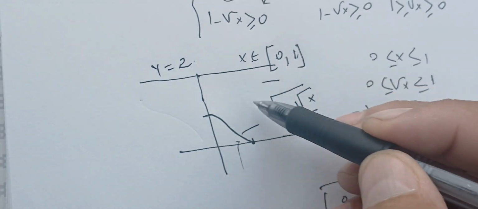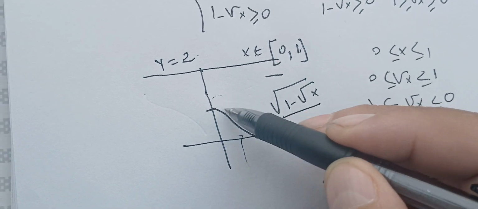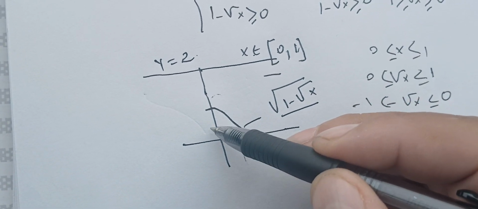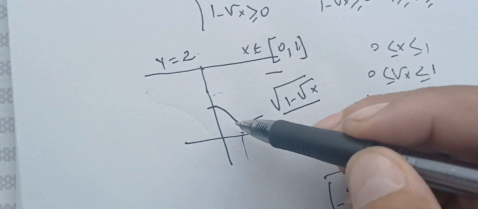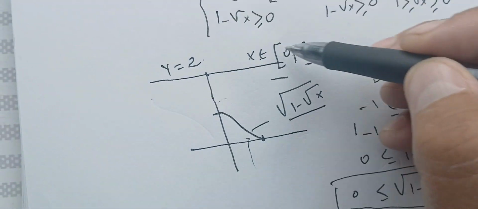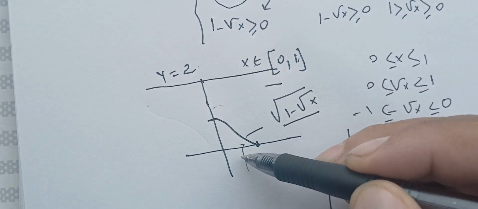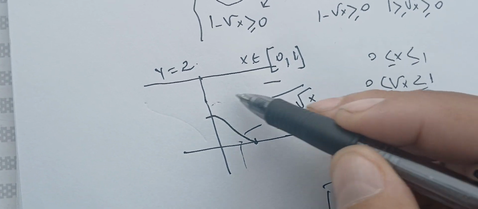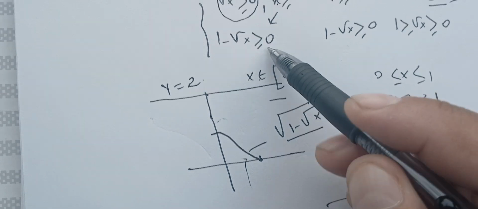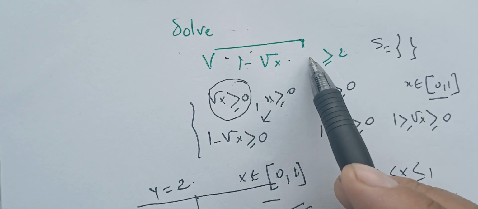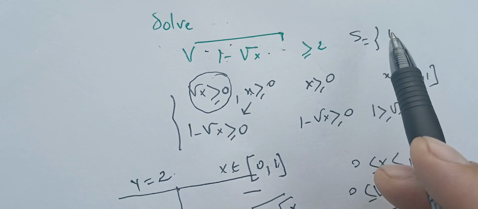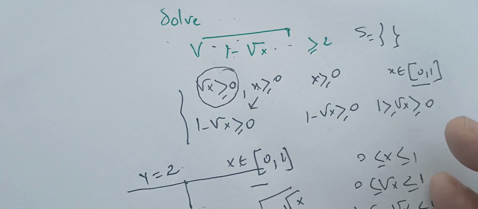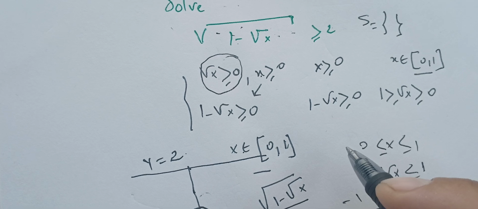So we see that 2 on top of this one here, it's never touching it, or crossing it. This one is always less than 2. And therefore, this is false for all x's between 0 and 1. And therefore, the set of solutions is just the empty set. There is no solution.